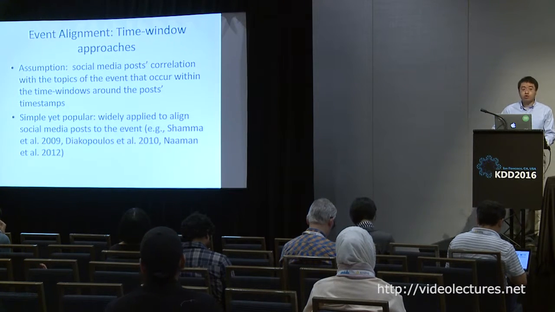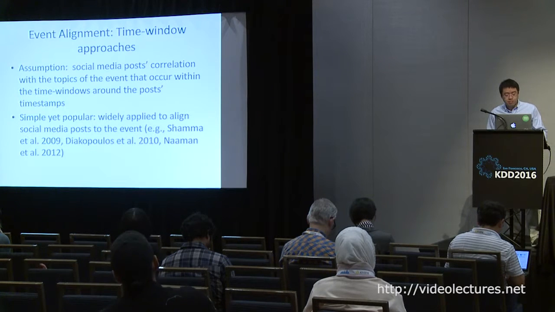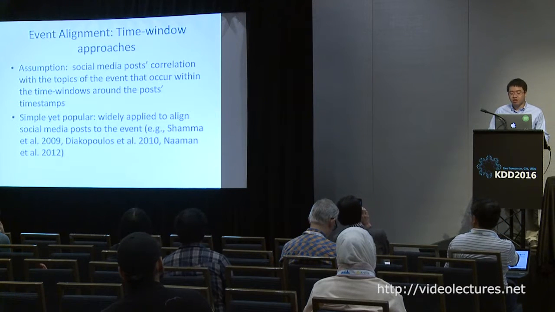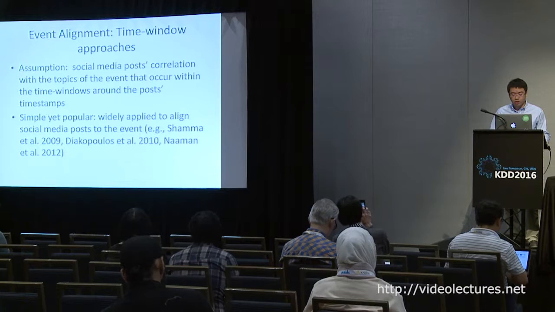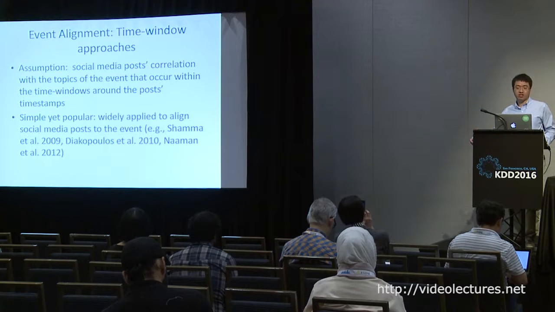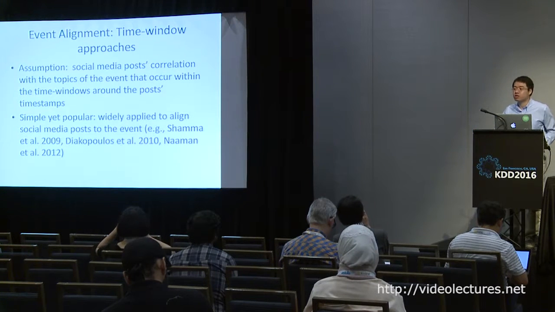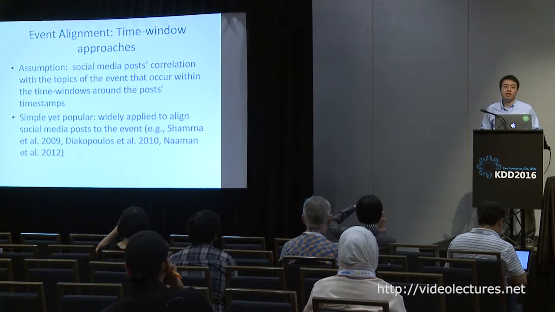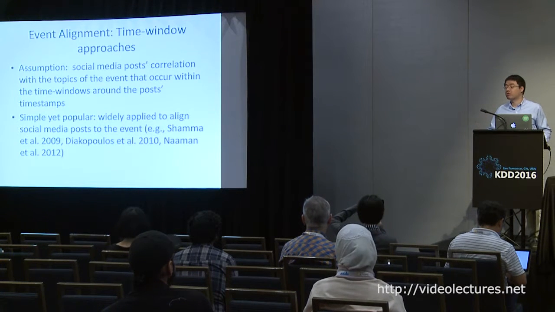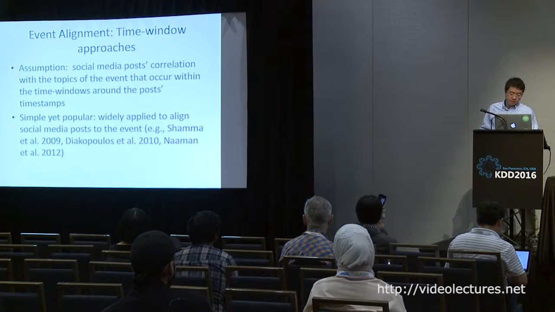The basic assumption behind this approach is that social media posts correlate with the topics of the event that occur within the time window around the post timestamps. So basically, they assume that given a time window of the event, all the tweets or social media posts that fall in this time window should be highly correlated with the topics of the event that appear in this time window. Okay?